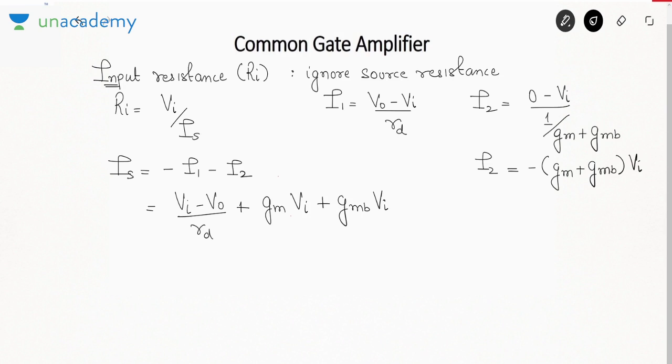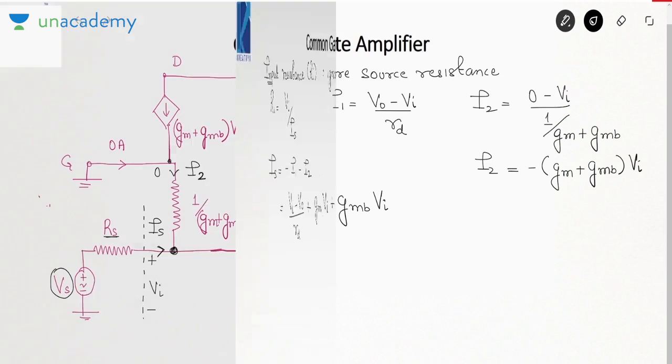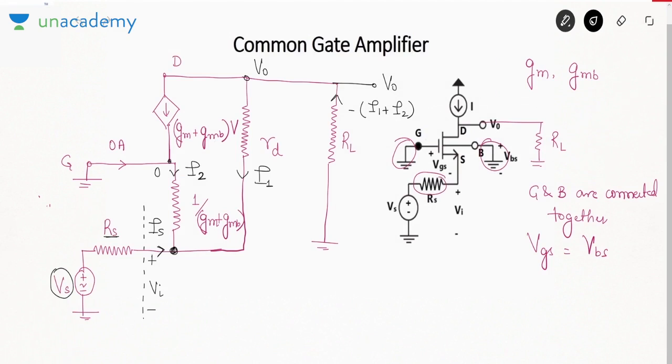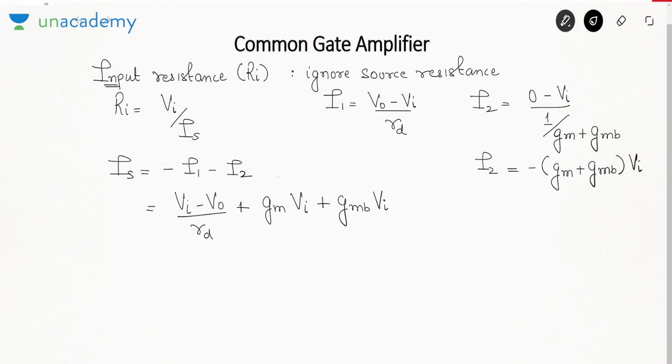Now what I want is Vi by Is. So I want to remove this V0. Now what is V0? Minus (I1 plus I2) into RL. Now minus I1 minus I2 is Is. So it is Is into RL.